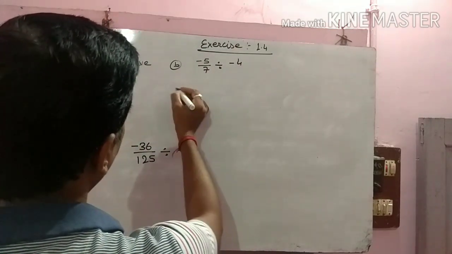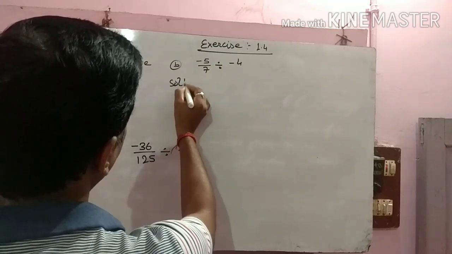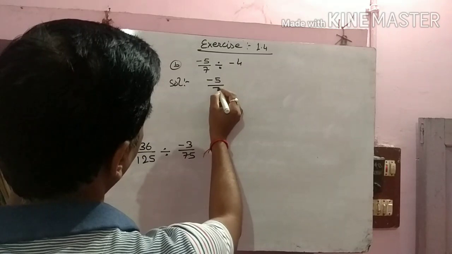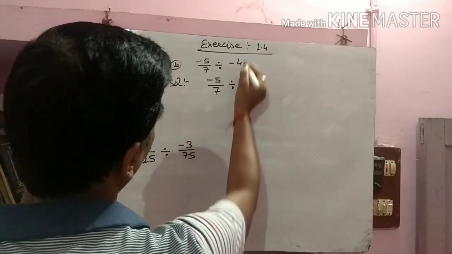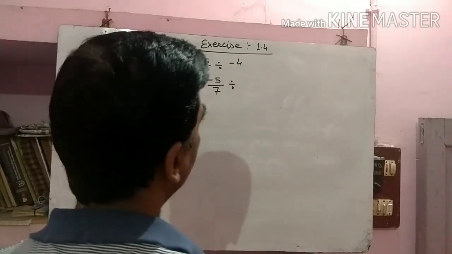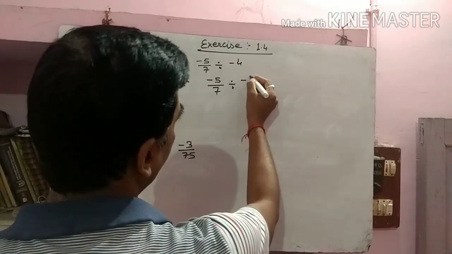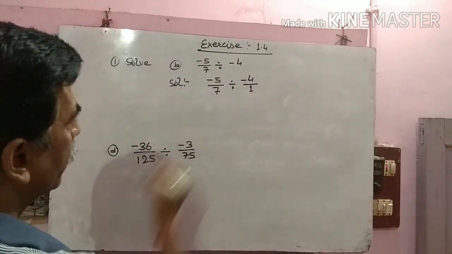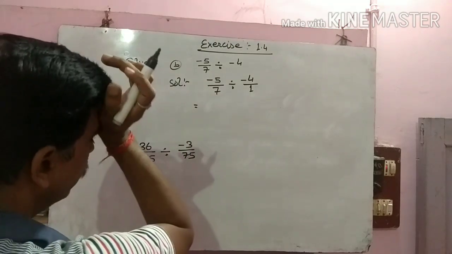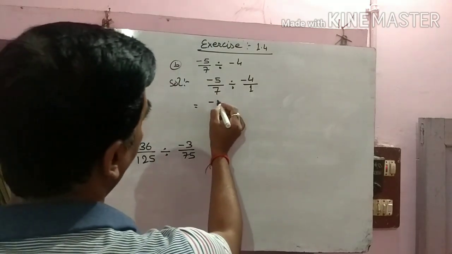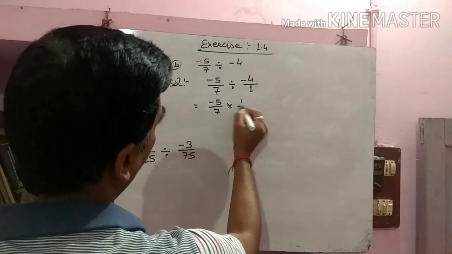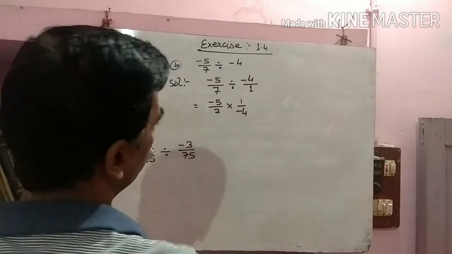So in solving, we will get minus 5 by 7 divided by minus 4, since every integer is a rational number. So you can write it like this.